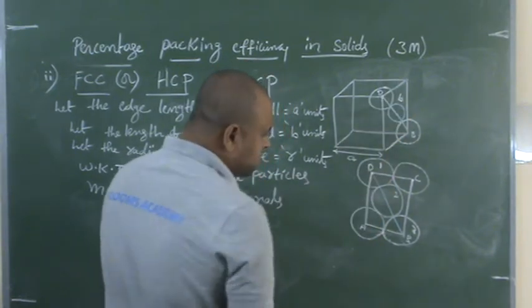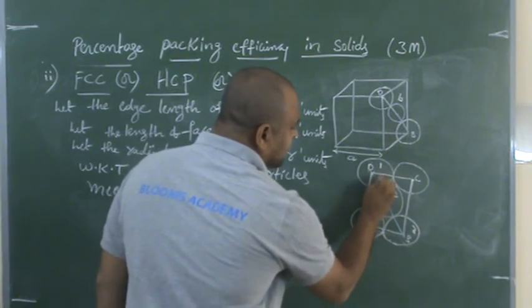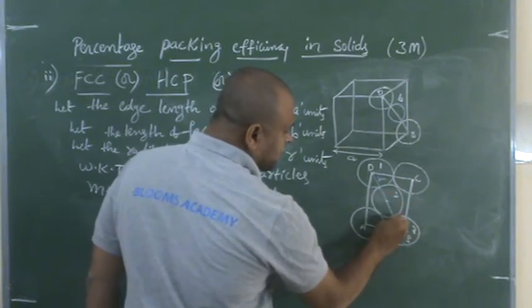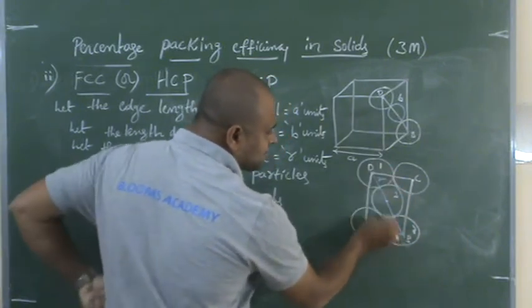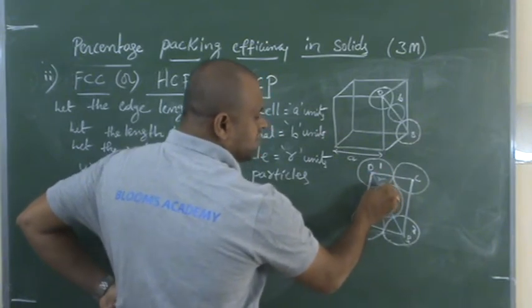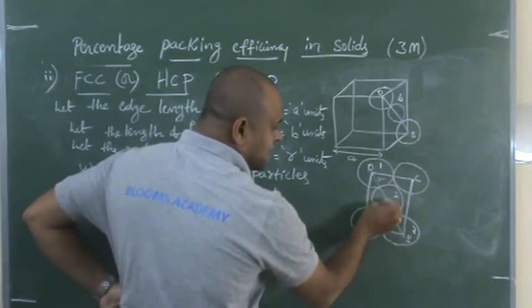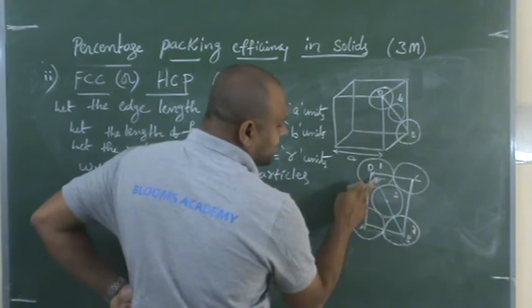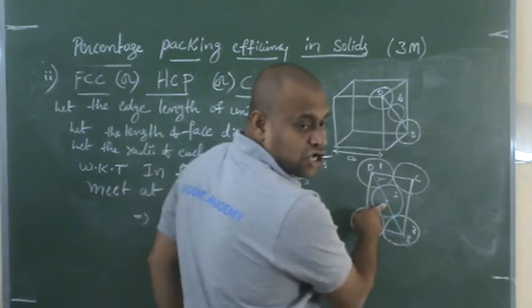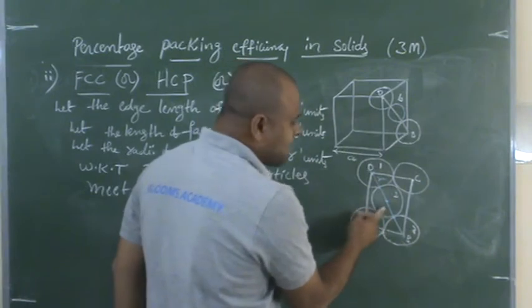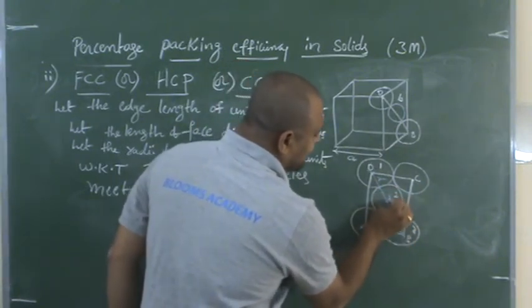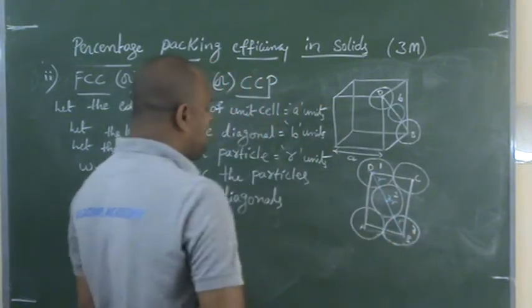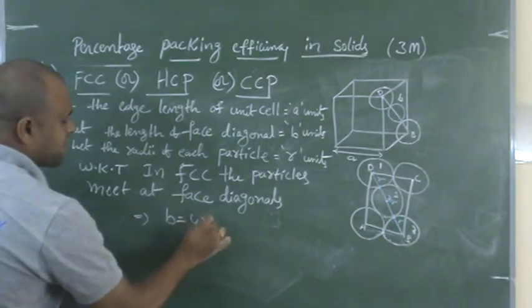You can neatly observe, here to here it is r. r plus, this is the diameter, right? For the second particle, the total diameter will be on the face diagonal. That means r plus the diameter is nothing but how much? 2r. r plus 2r is how much? 3r. So from here to here again r. r plus 2r is 3r, 3r plus r is 4r.